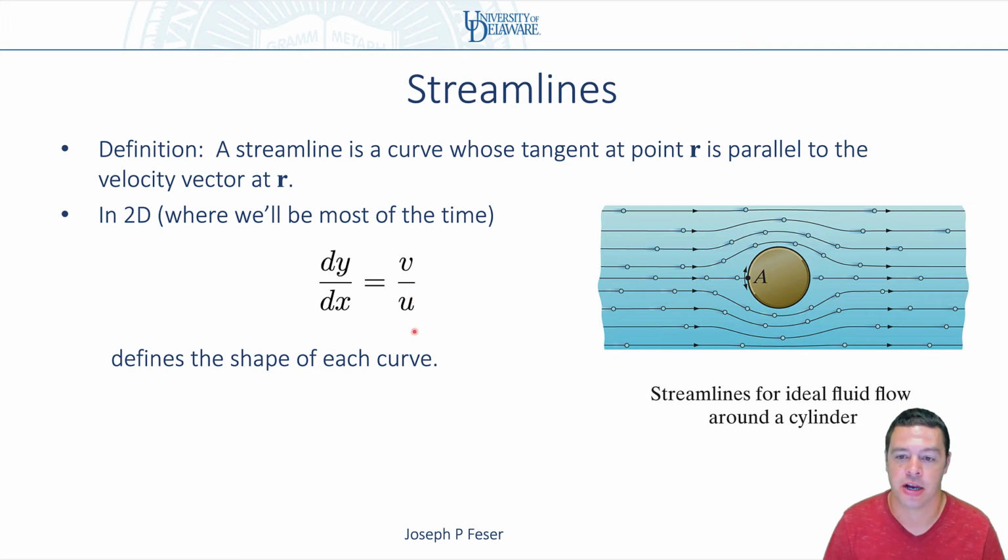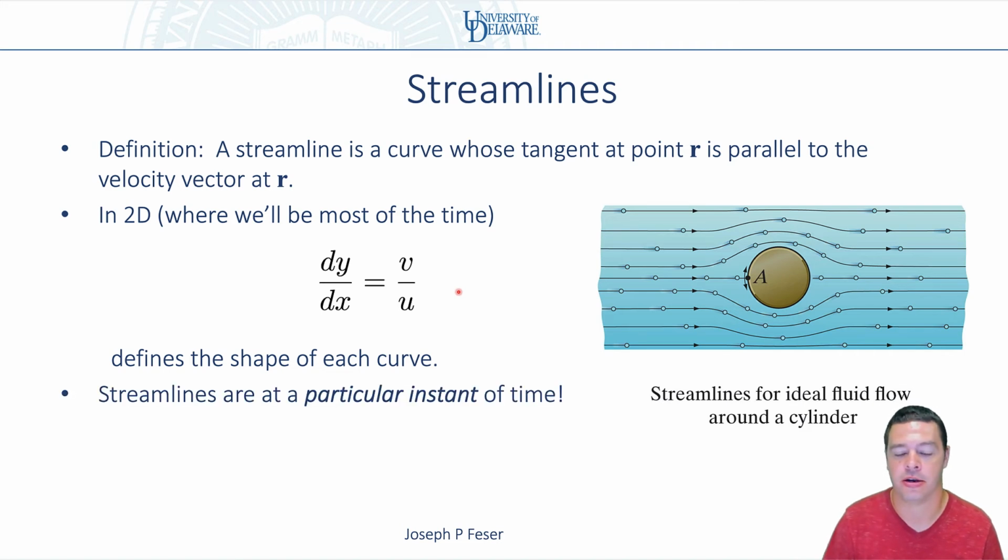That defines the shape of the curve. And you'll see that that definition makes it pretty easy to analytically solve for what the equation y versus x is. In a little bit, I'll show you some examples of how to do that because it's such a common thing to do.